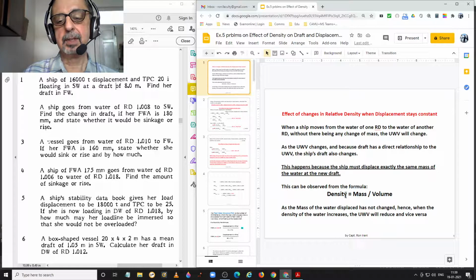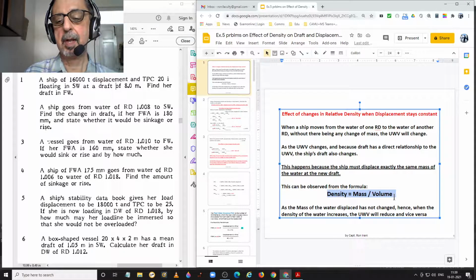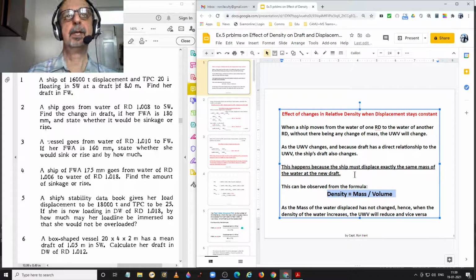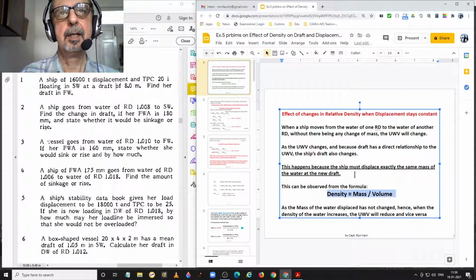We all know that density is equal to mass upon volume. Now, when a ship is floating in a water of certain relative density and that same ship goes to the water of another relative density, what will change? Its mass stays constant. Only thing that changes is the underwater volume. And because the underwater volume changes, the draft also changes.